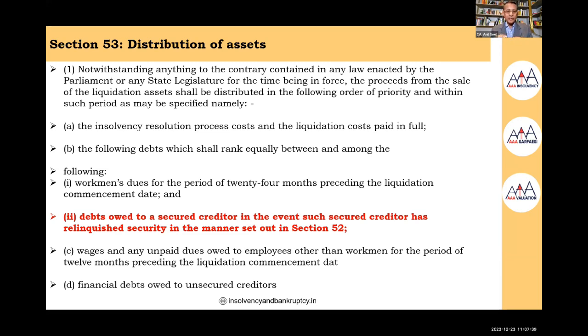Now, the secured creditors, only those secured creditors who have relinquished security interest in the manner set out in section 52. Now, the word is very clearly secured creditor: not a financial creditor, not an operational creditor, not other creditor, not direct creditor, not indirect creditor. So the definition is only secured creditor.